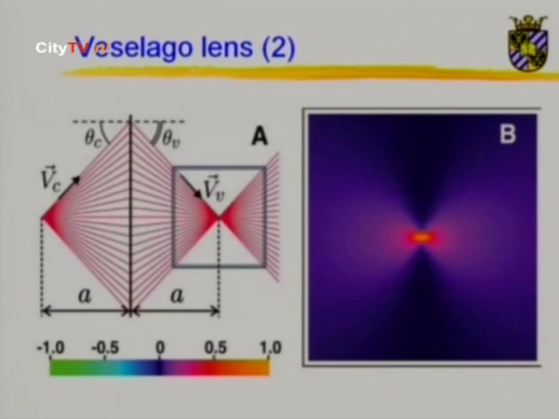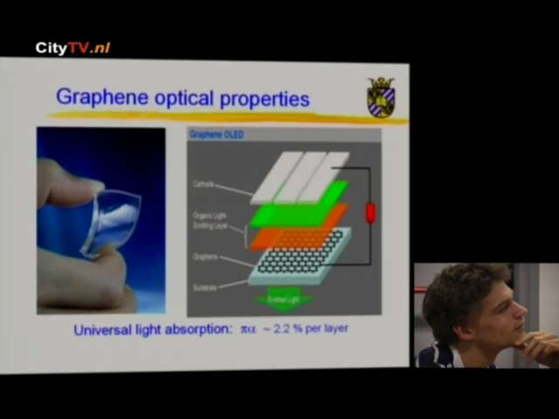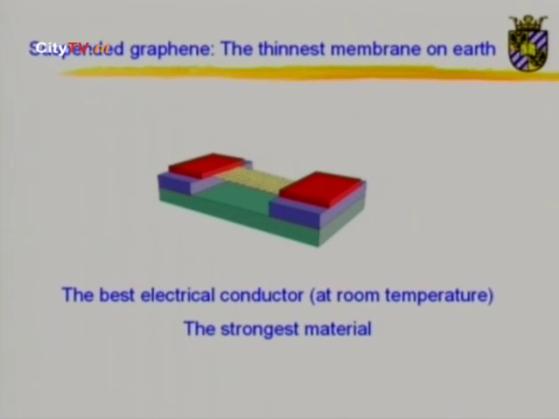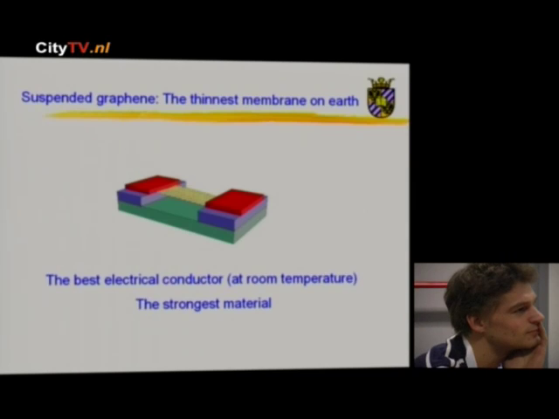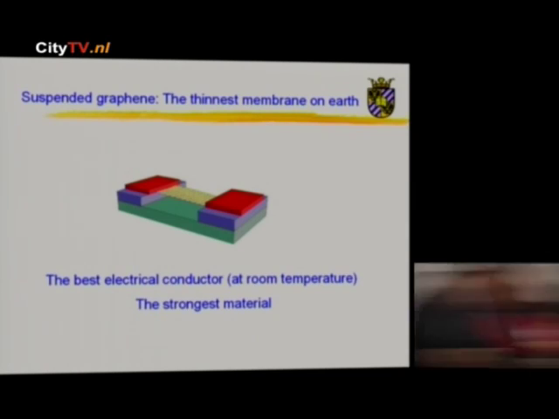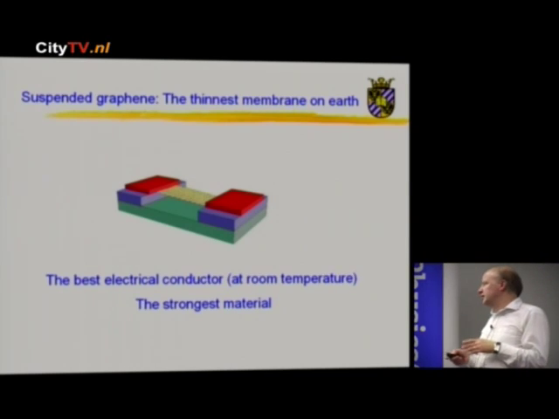What is of course very crucial, and I think certainly important, is that this is not a practical way to make graphene devices. It's very nice to explore the fundamental properties, but what you would like to have is a well-defined way to make graphene layers on a substrate, for instance by these techniques which I've shown.